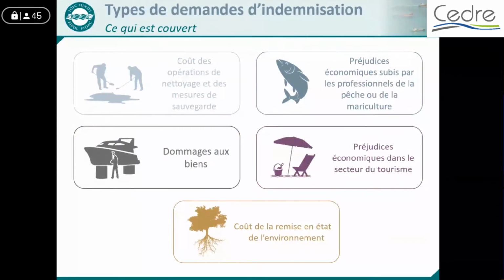Here you see the types of claims. We use these little drawings so that things would be clear. You have cost of cleanup, preventive measures, and economic losses to fishermen or those working in mariculture.